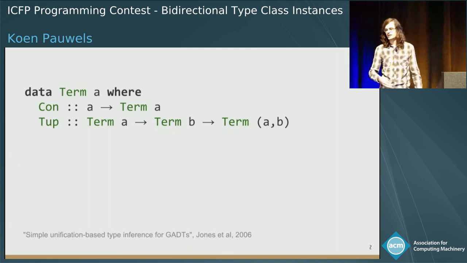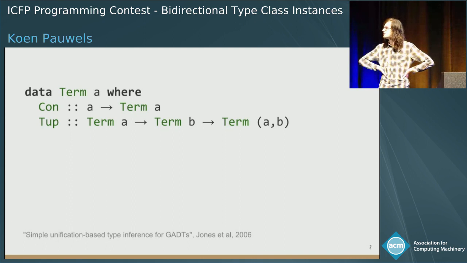You need a separate data type declaration for each set of type class constraints you want to impose on it. So that's very bad for code reuse. I don't really know of any workarounds that work in general, just a lot of boilerplate, but they work. I have not found a workaround like that.